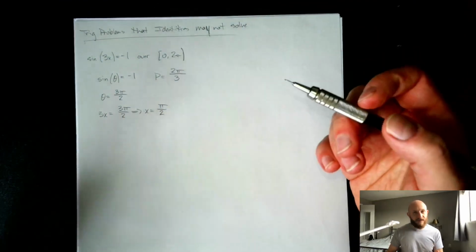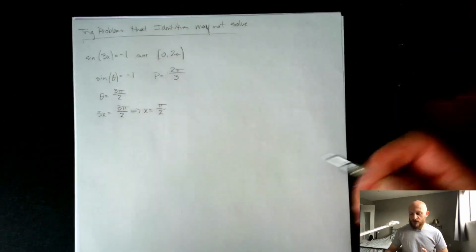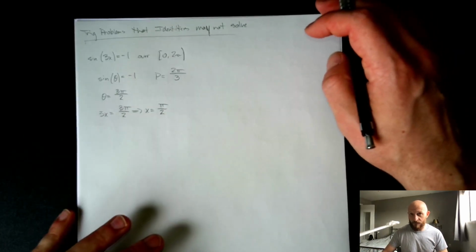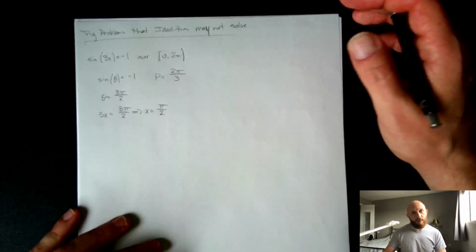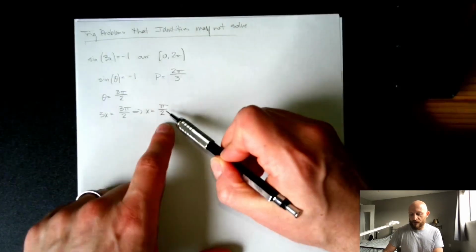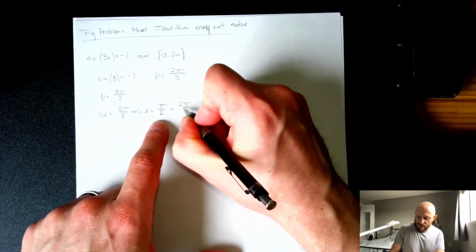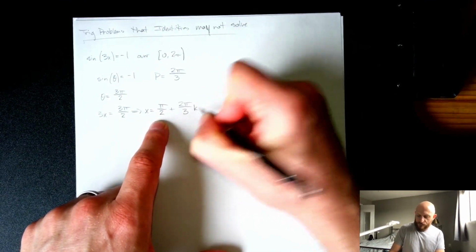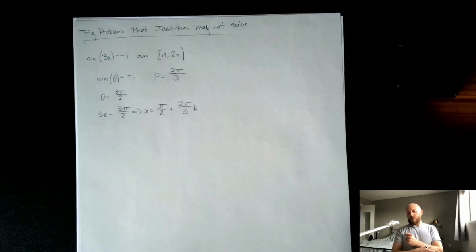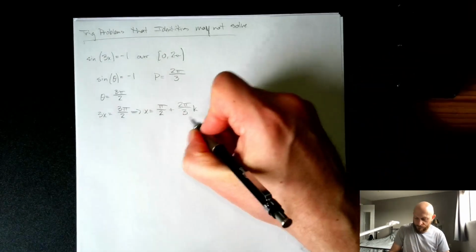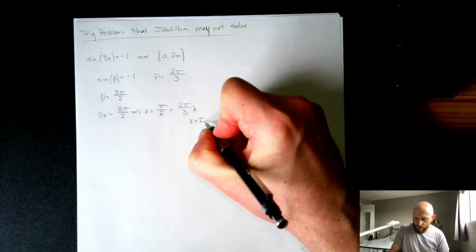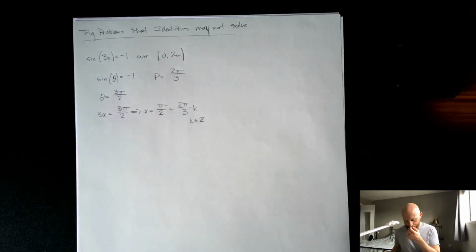So we're not asked for all of the possible solutions, but sometimes writing them out might be helpful. What are all of the possible solutions? Well, it's x equals pi over 2 plus any integer multiple of 2 pi over 3. So plus 2 pi over 3 k, where k is an integer.